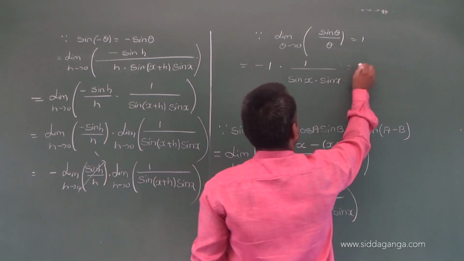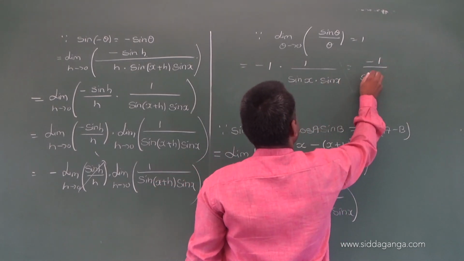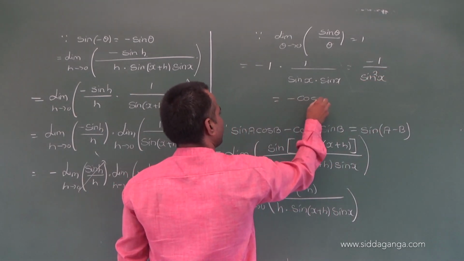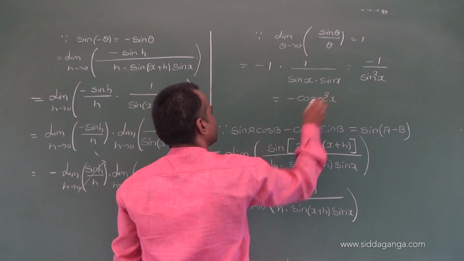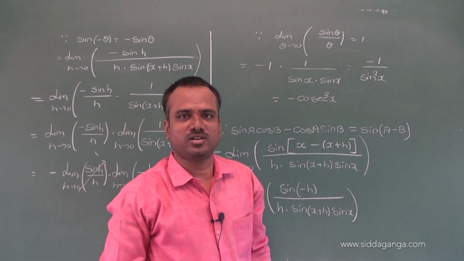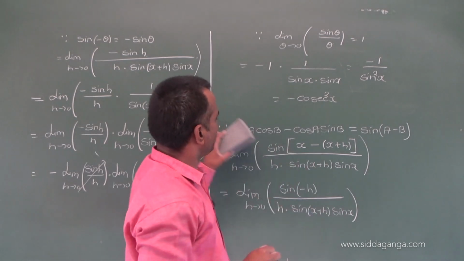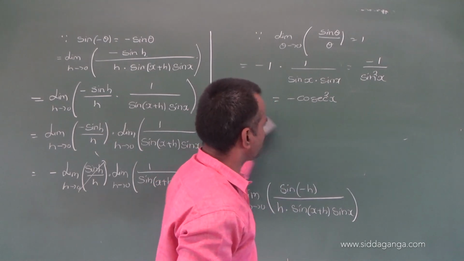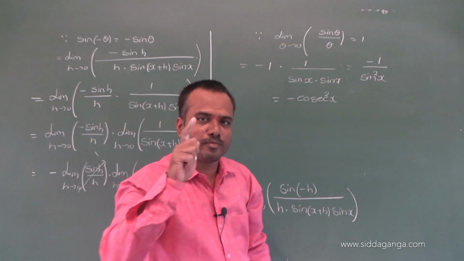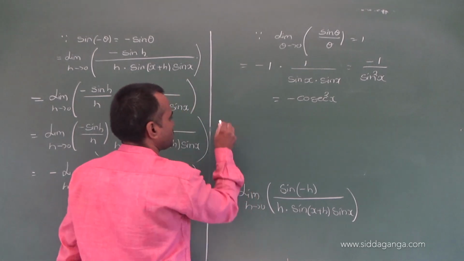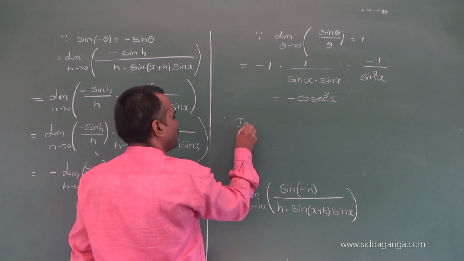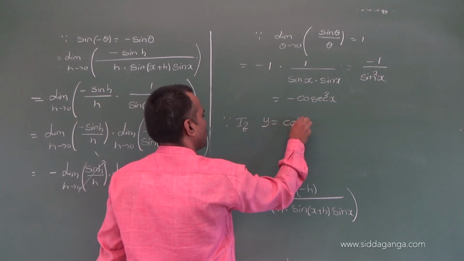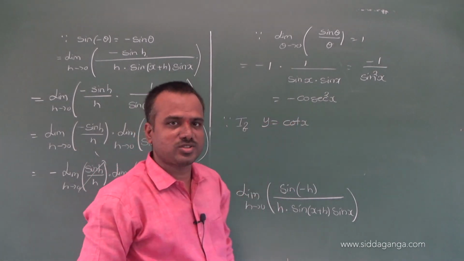So that is equal to minus 1 divided by sin x into sin x, which is sin square x. Minus 1 by sin square x is minus cosecant square x, since 1 by sin theta is cosecant theta.